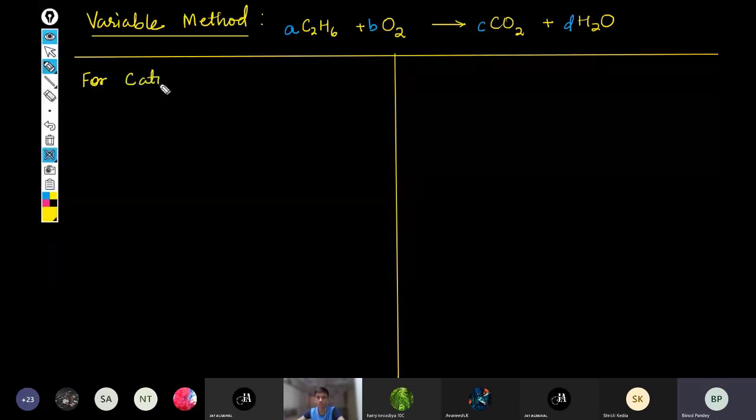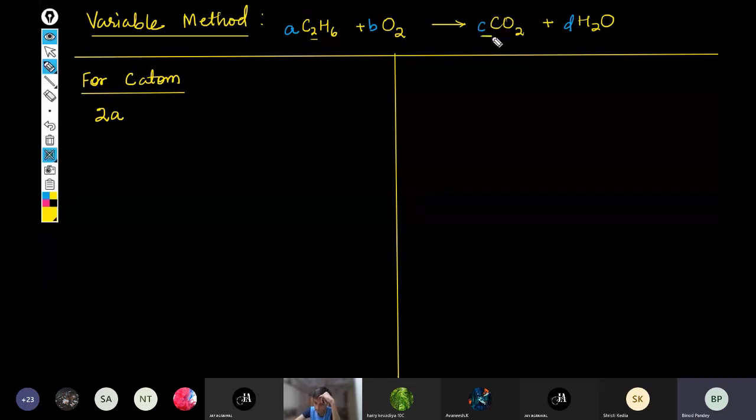Carbon is there on the left hand side as well as on the right hand side, children. So how many carbon atoms on the left hand side? The coefficient is A and here it is 2. So if we multiply, we have 2A carbon atoms on the left hand side.